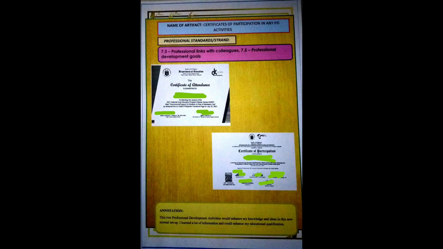So I presented my two certificates relative to my professional development activities, and I attended this webinar, or shall we say this event, to have these certificates, and I also provided my annotation about my learnings in this webinar or event. Here are my certificates that will serve as my MOVs in this artifact.